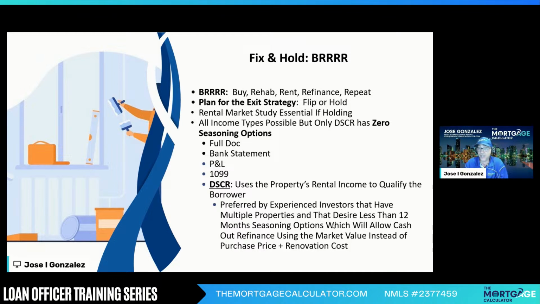And like I mentioned, it's one of the only options out there with 0 months seasoning required on title, meaning you can use market value instead of purchase price plus renovations if you've completed at least some light renovation to the property. So again, important takeaway from this slide: plan for the exit strategy.